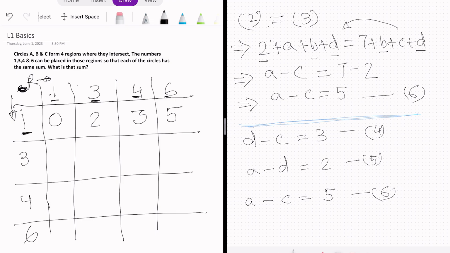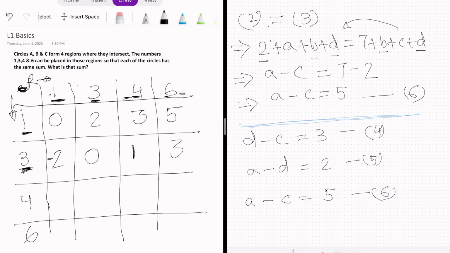Now I'll go to the next row. 1 minus 3 is minus 2. 3 minus 3 is a 0. 4 minus 3 is a 1. 6 minus 3 is a 3.